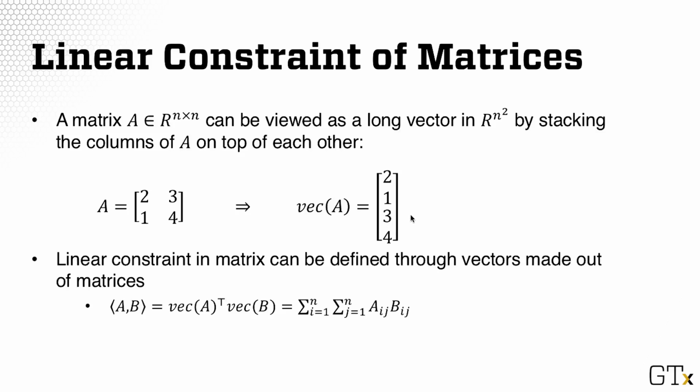We know how to define linear constraints on vectors. A linear constraint on a vector is just another vector's inner product with this vector. So that's the way we define a linear constraint on a matrix.